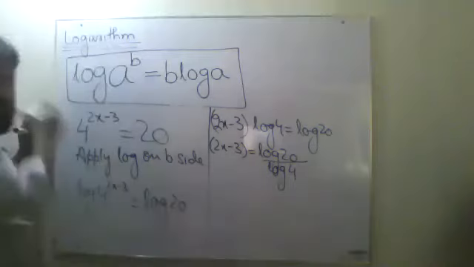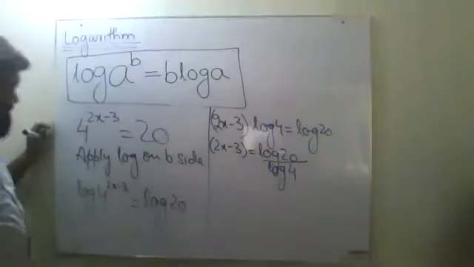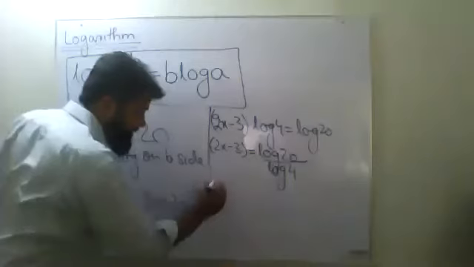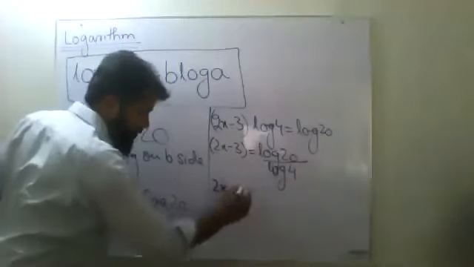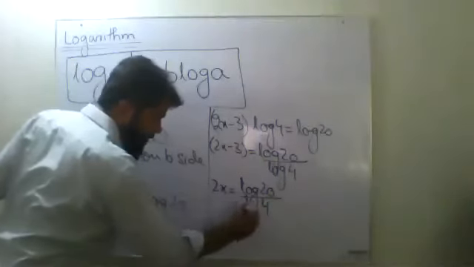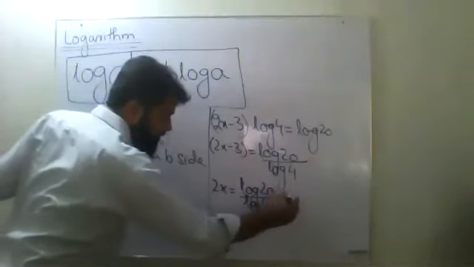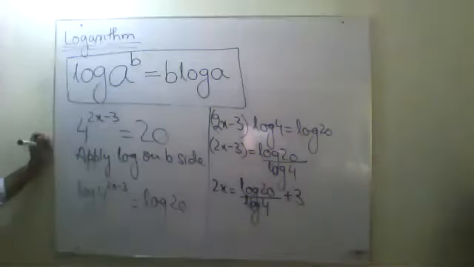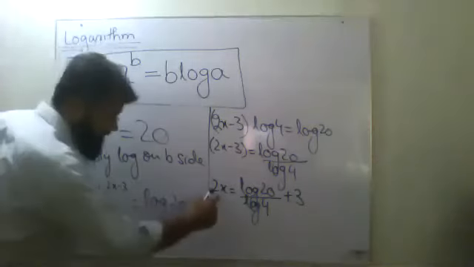After this, I'm not going for the calculator right now. First of all, I'm simplifying: 2x equals log 20 over log 4, plus 3. And this 2 is in multiply form.